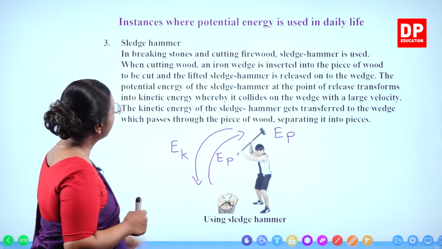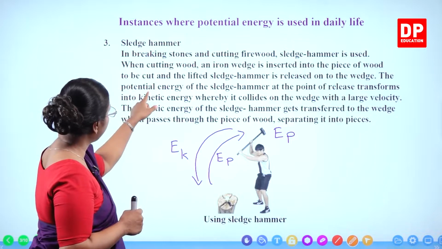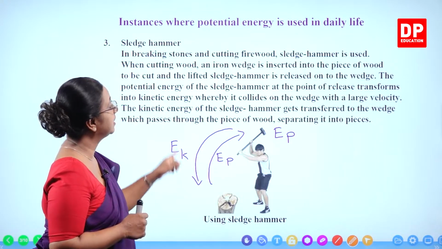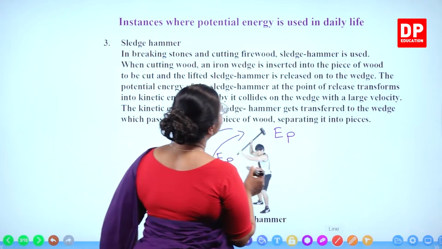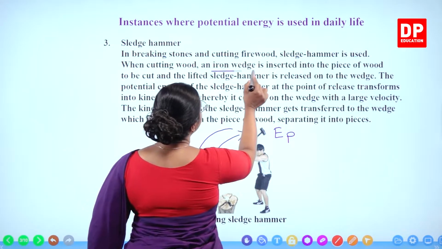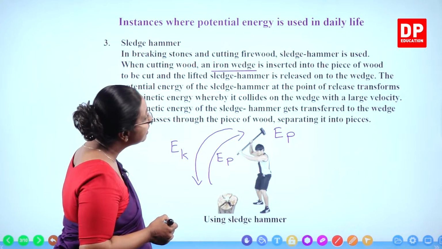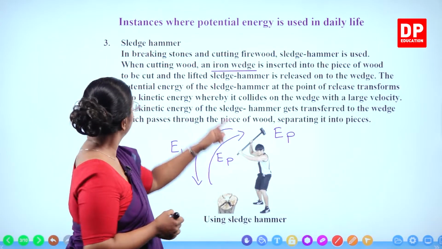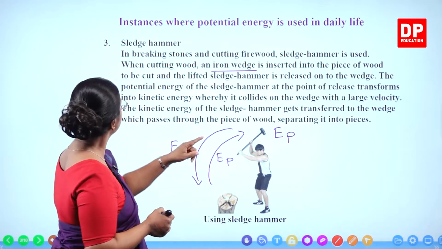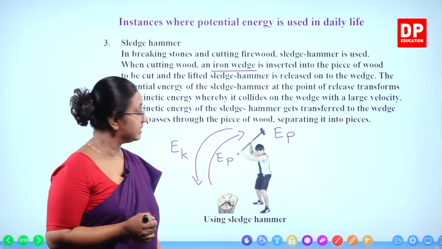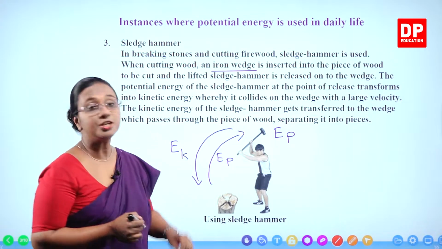When cutting wood, an iron wedge is inserted into the piece of wood to be cut and the lifted sledgehammer is released on the wedge. That is important. So here you can see the iron wedge is used and the lifted sledgehammer is released onto the wedge. The potential energy of the sledgehammer at the point of release transforms into kinetic energy, whereby it collides on the wedge with a larger velocity.